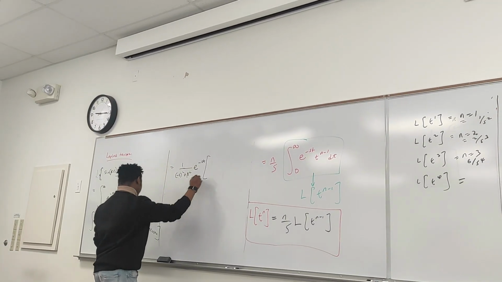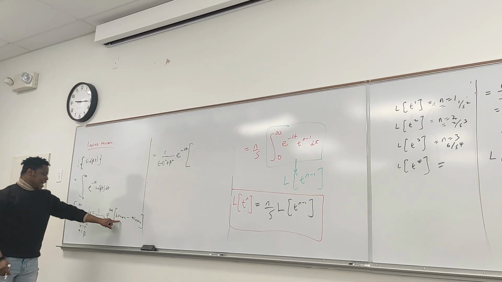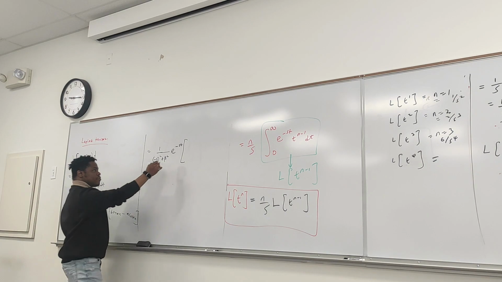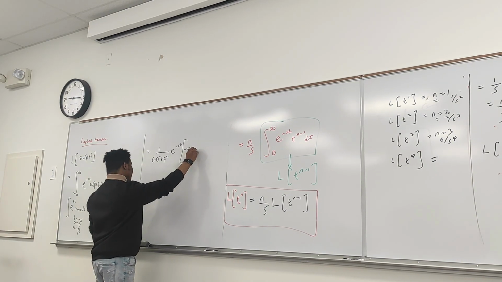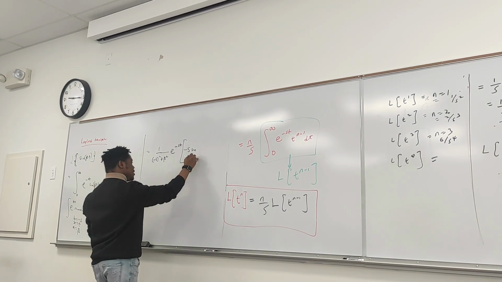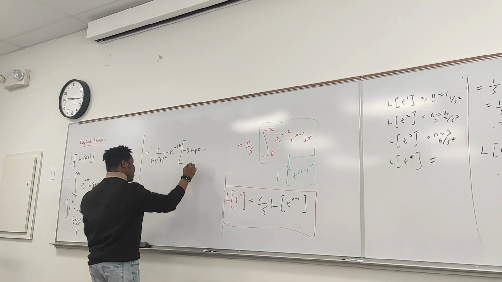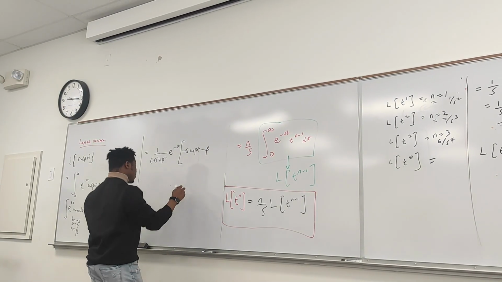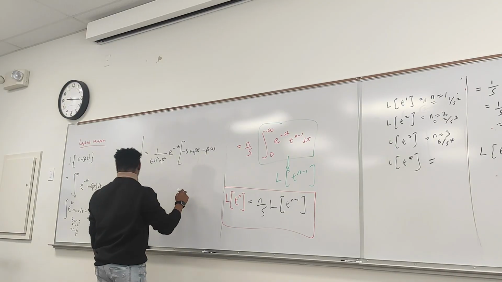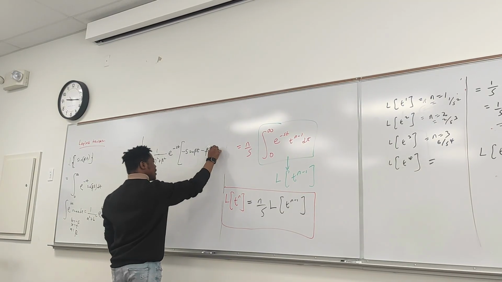Then we have b sine ax. That would be minus s sine beta t, minus our a is beta cos, which is cos beta t.